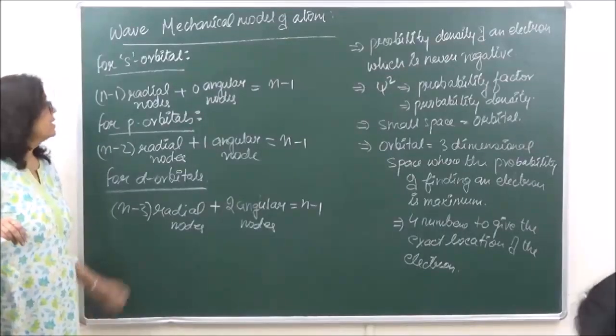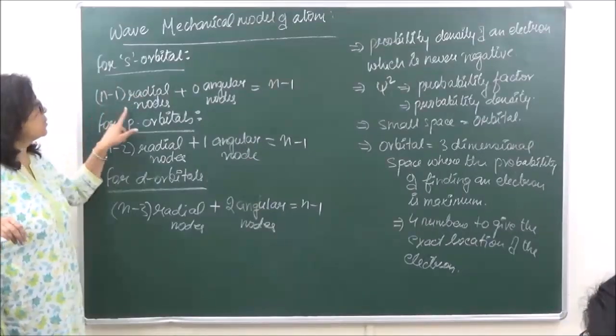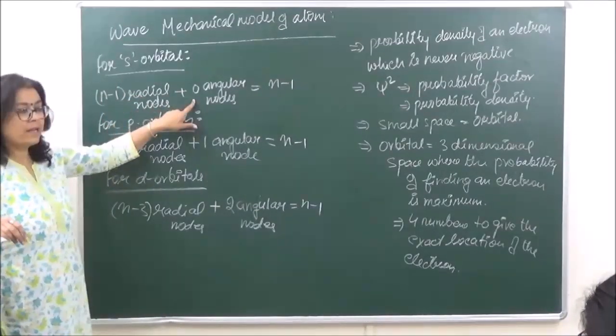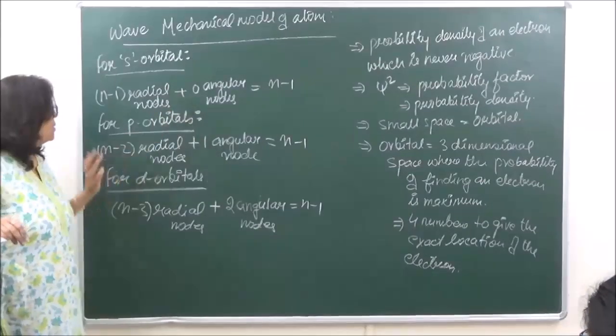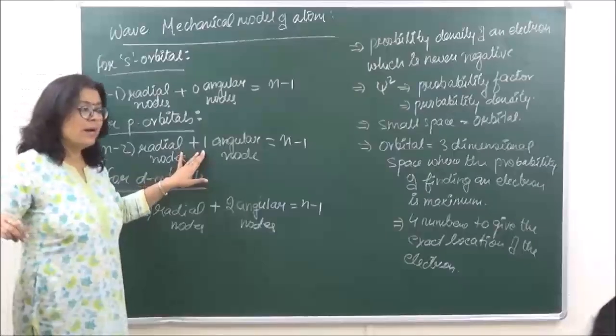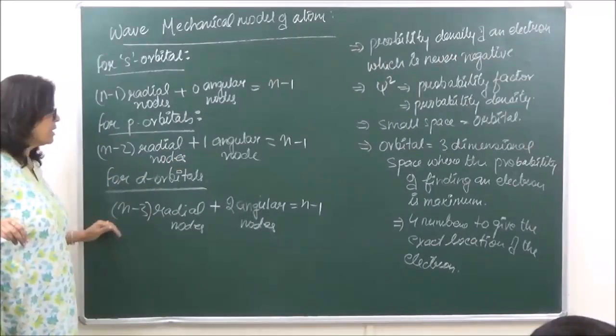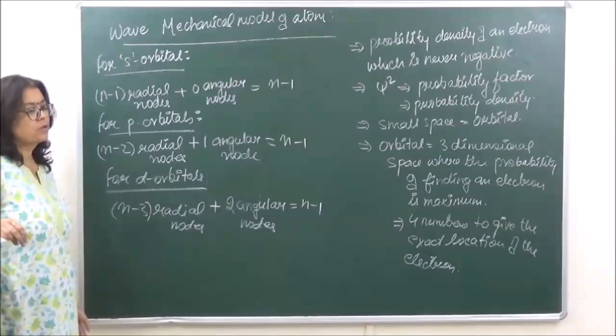Clear? But for the s orbital there are n minus 1 radial nodes and no angular node. This you have to remember. For the p orbital there are n minus 2 radial nodes and only one angular node, and for d orbitals there are n minus 3 radial nodes plus 2 angular nodes.